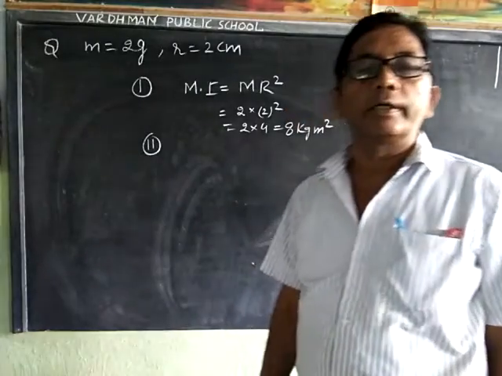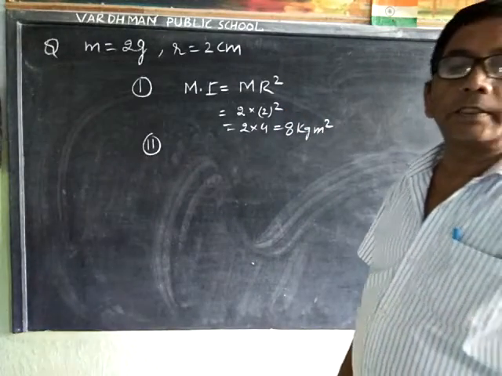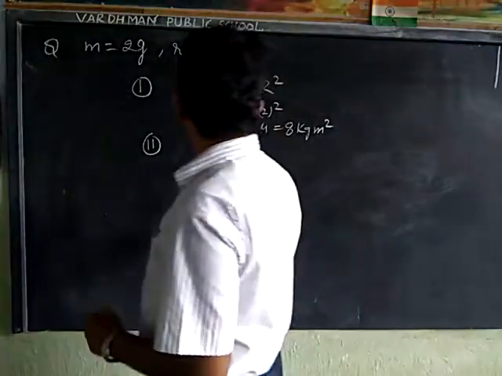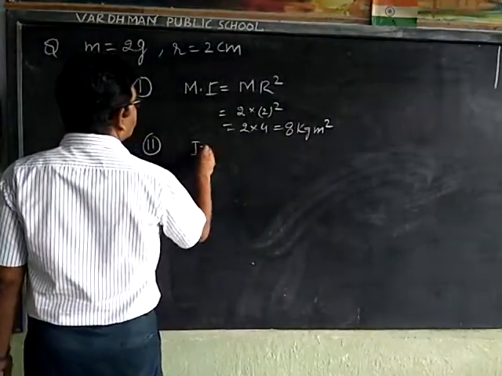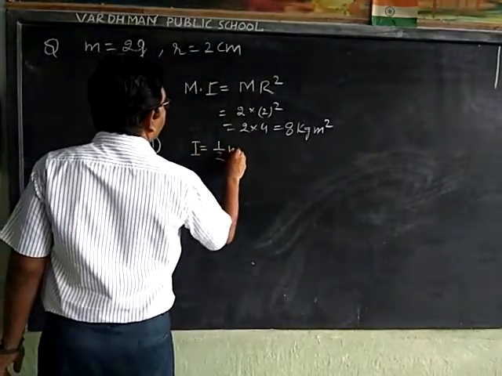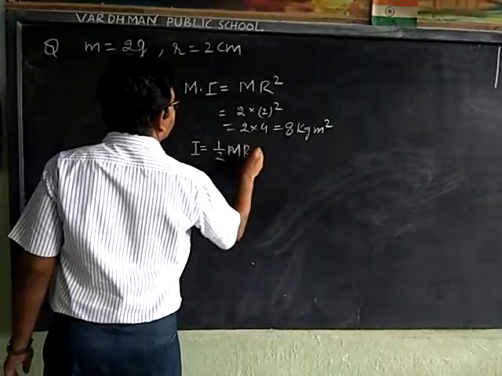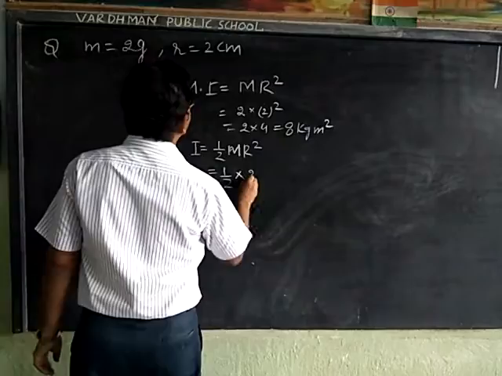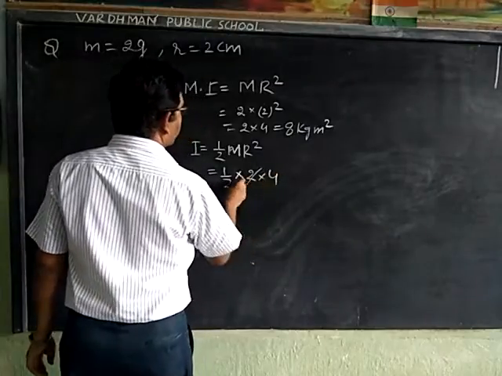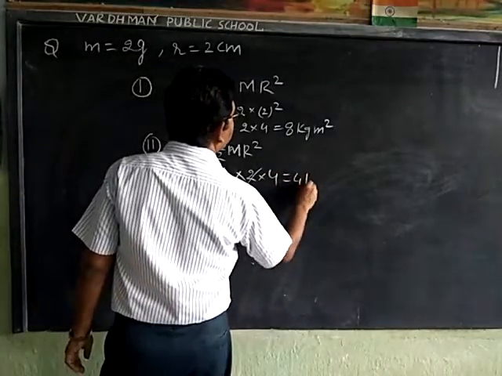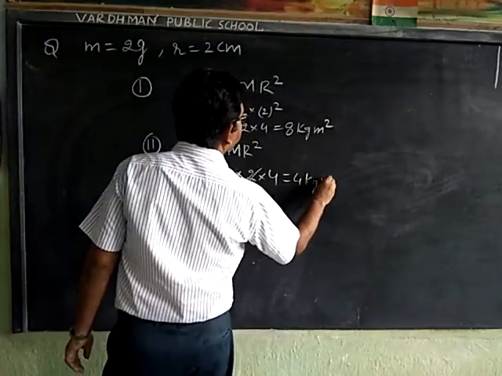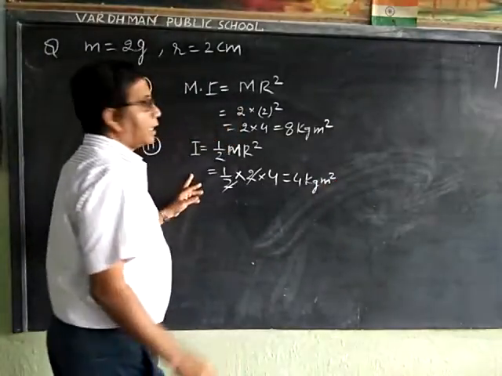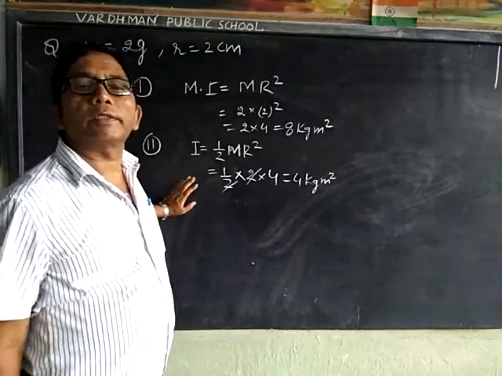And second one, about its diameter, I is equal to half mr square, that is half m 2 into 4, that is 4 kilogram meter square. Moment of inertia about its diameter.